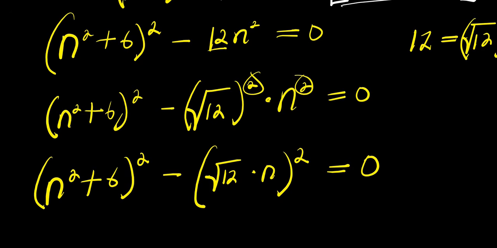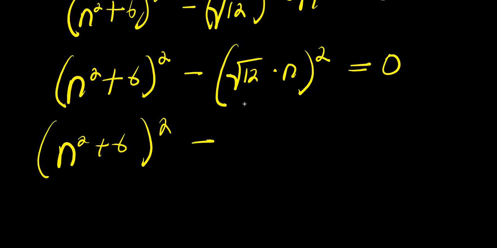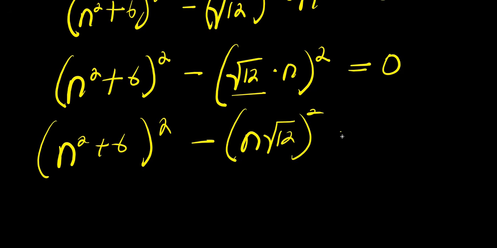So right now, I will have (n squared plus 6)^2 minus, this time this, that is (n root 12)^2 equals 0.